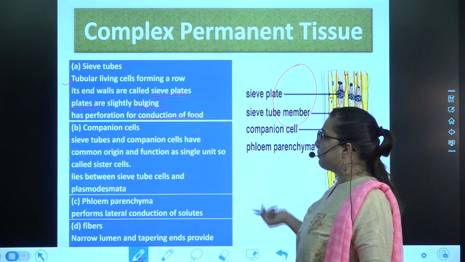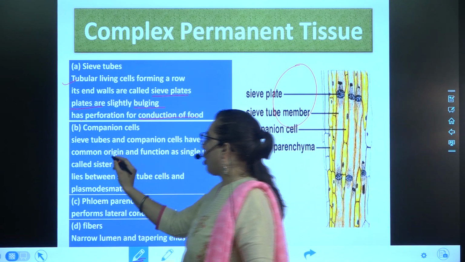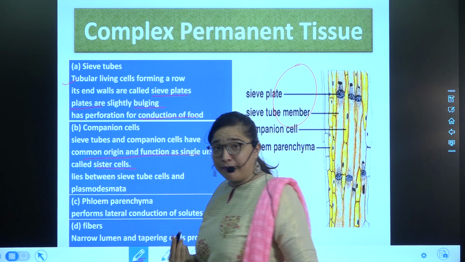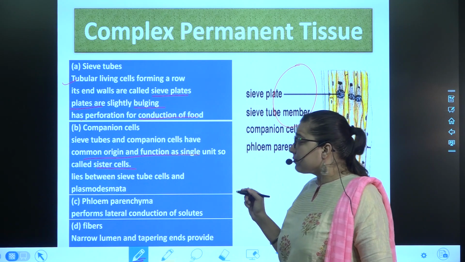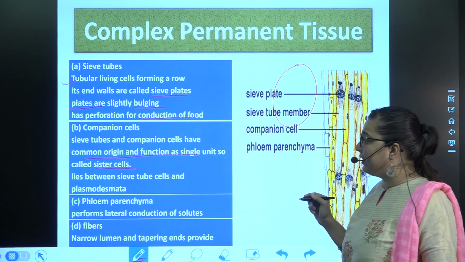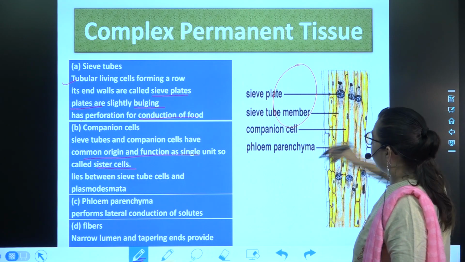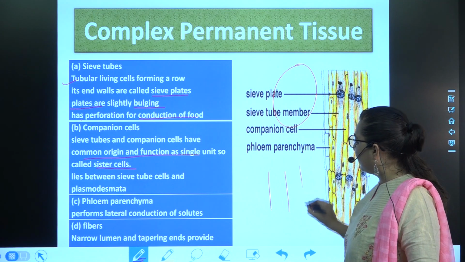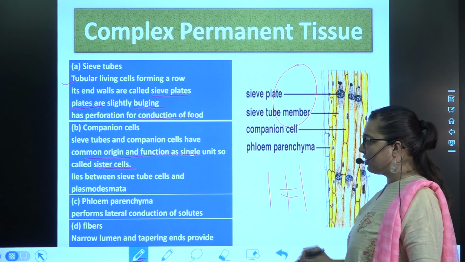And then the next part, companion cells. Exactly like sieve tubes, they have common origin and function, so they are called twin cells. That is the sister cells. And they lie between the sieve tube cells and plasmodesmata. Plasmodesmata, that is the outer layer. You all know that these are 2 cells, and between 2 cells there is a junction.